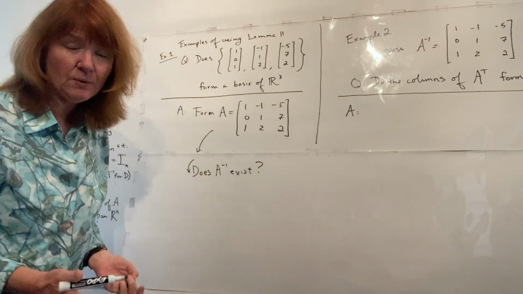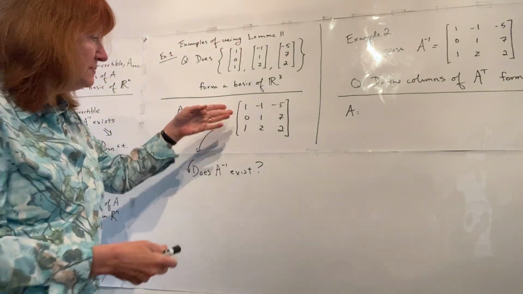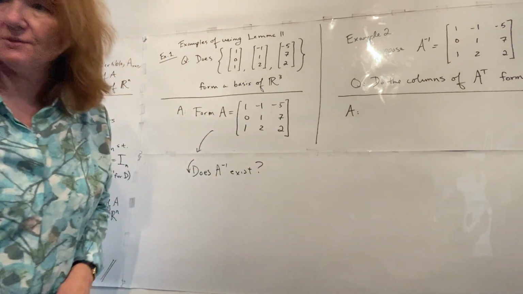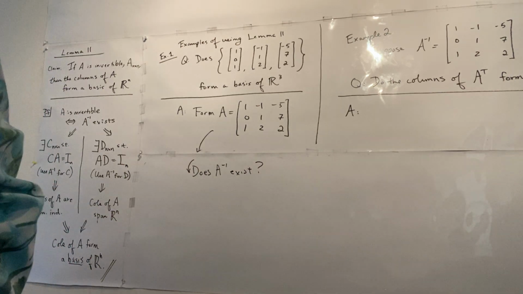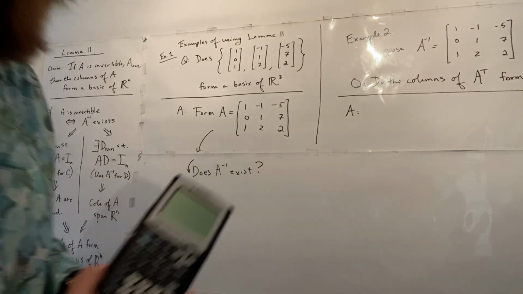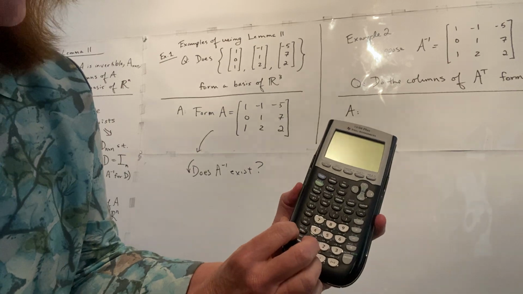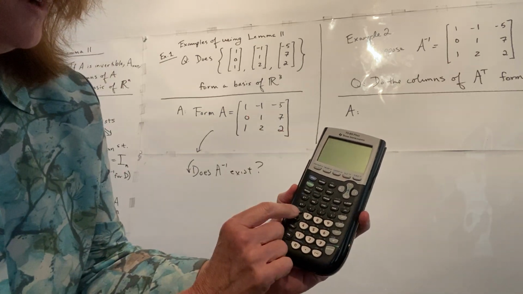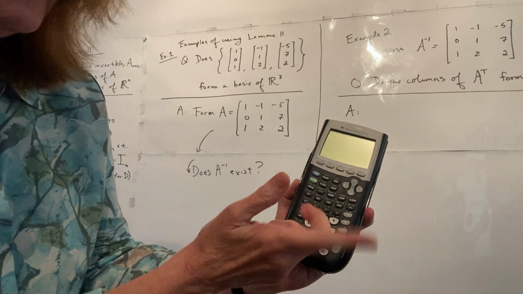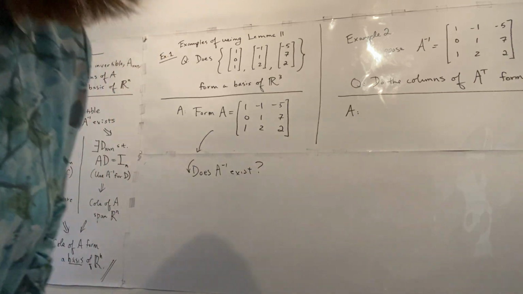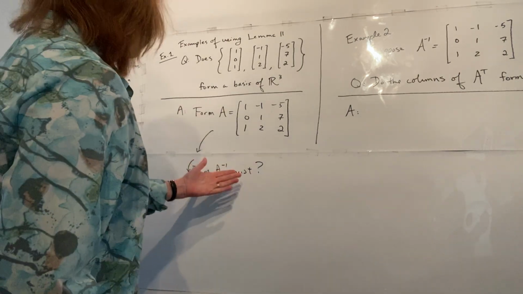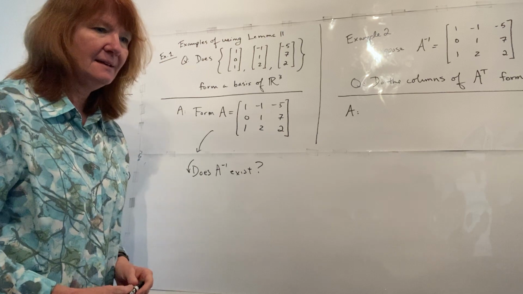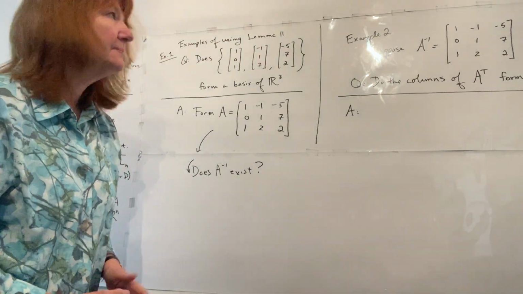Well, remember, you have these graphing calculators, so you can enter the matrix A and then simply try to take its inverse. As you recall, you can have a matrix A, you just refer to it, so that's just A sitting there, and then use the inverse button, press that. If it exists, it gives you A inverse. If it doesn't, it says something like A is a singular matrix.